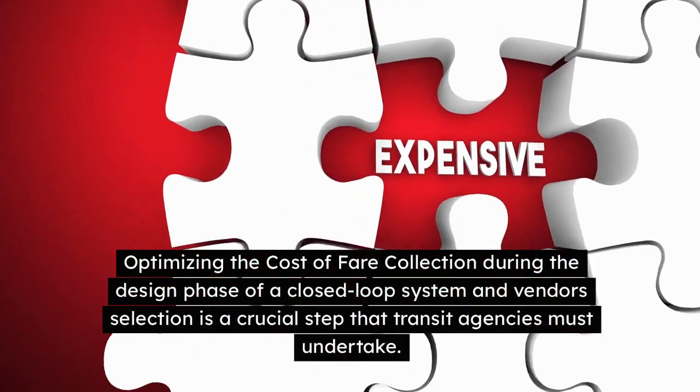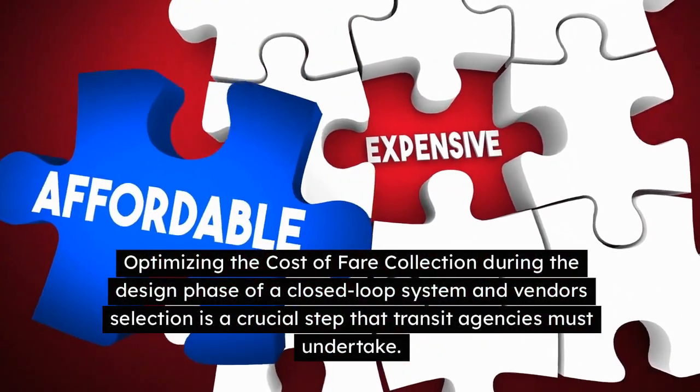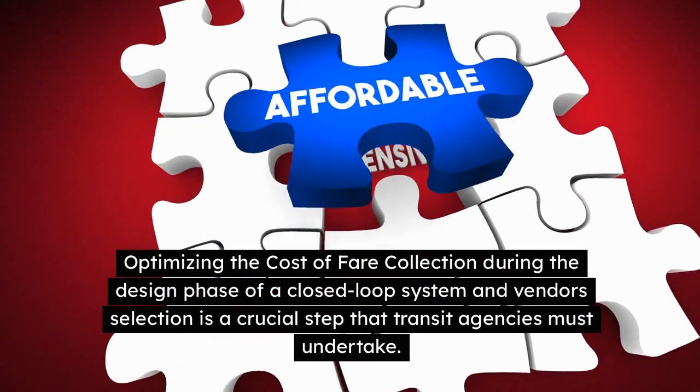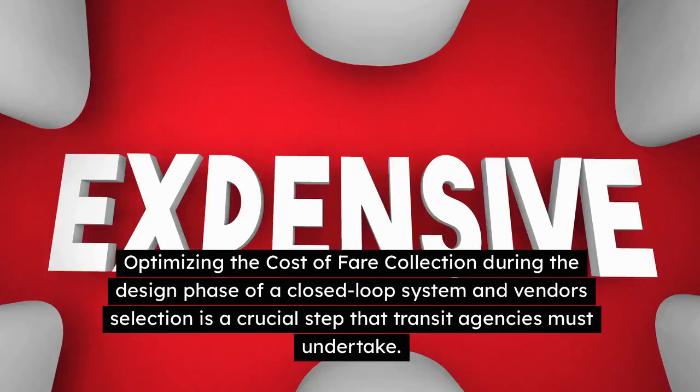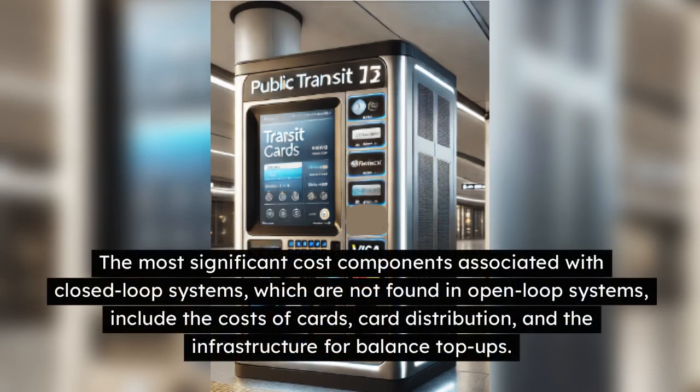Optimizing the cost of fare collection during the design phase of a closed-loop system and vendor selection is a crucial step that transit agencies must undertake. The most significant cost components associated with closed-loop systems, which are not found in open-loop systems, include the costs of cards, card distribution, and the infrastructure for balance top-ups.